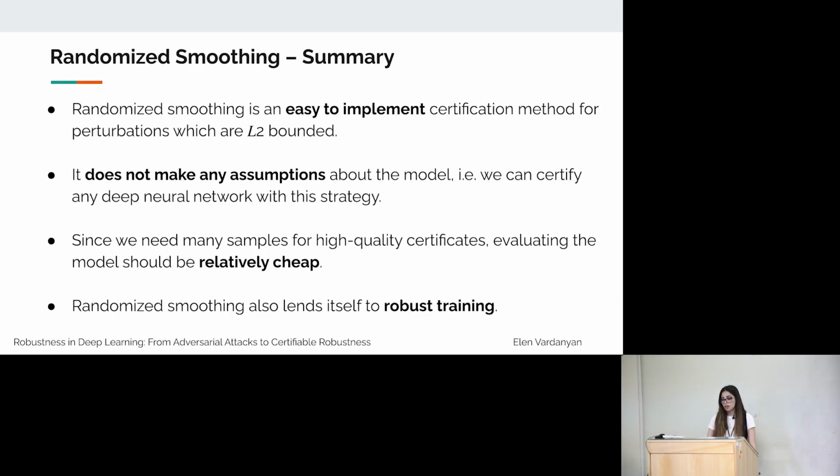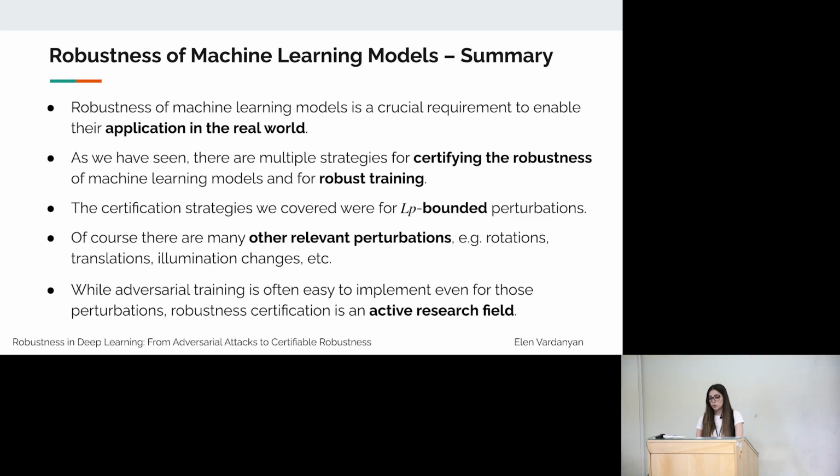The robustness of machine learning models, as we saw in this talk, is a crucial requirement in some real-world applications. And as we've seen, there are multiple strategies for certifying the robustness of our models and for robust training.